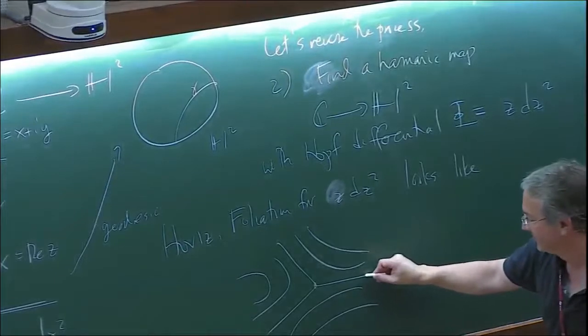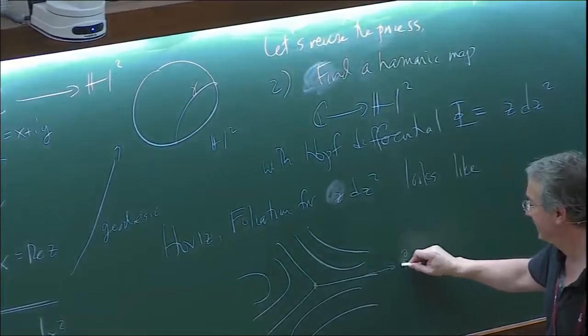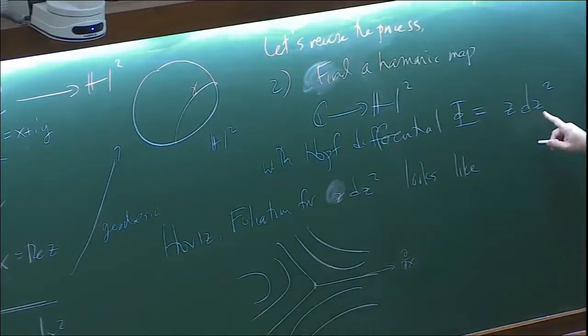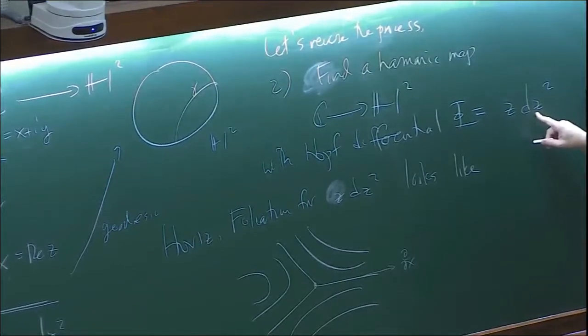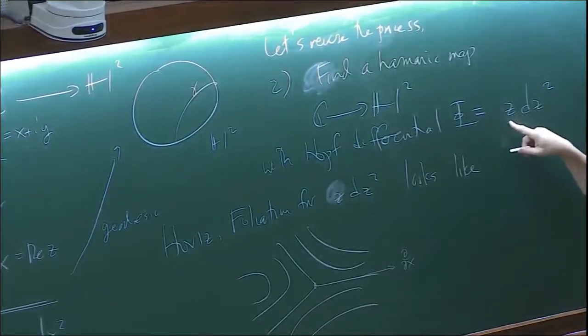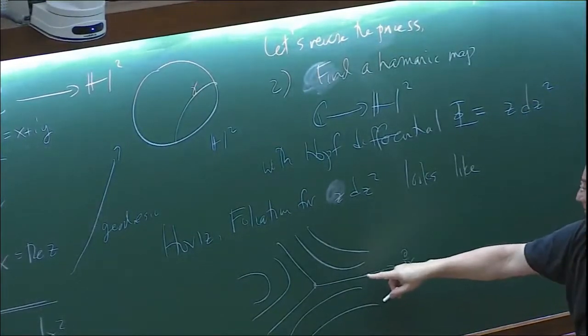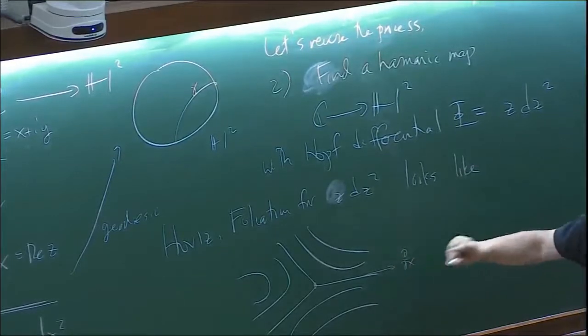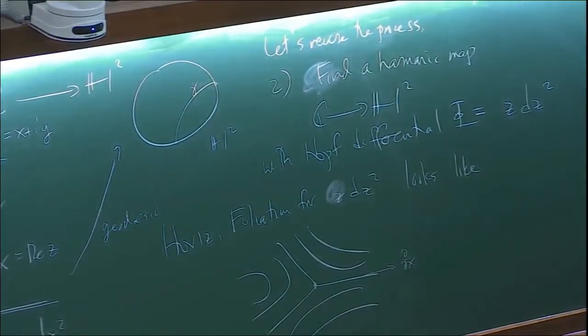You can see that if I take the direction d by dx, then dz on d by dx is 1 times x times z is z, real part, well, on a real line, this will be positive. Anyway, it's an easy computation. So that's what the horizontal foliation looks like.